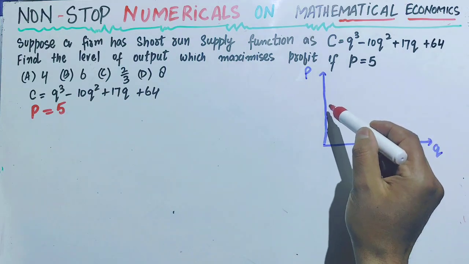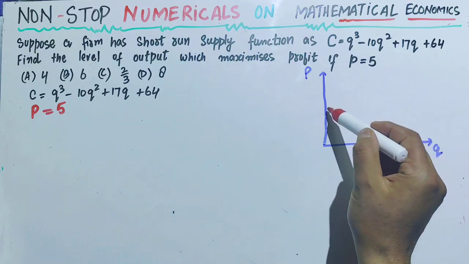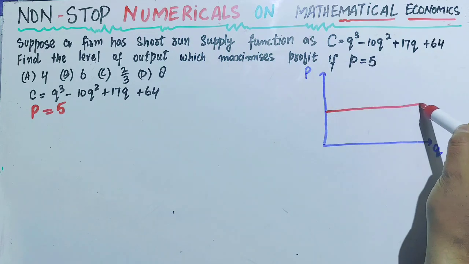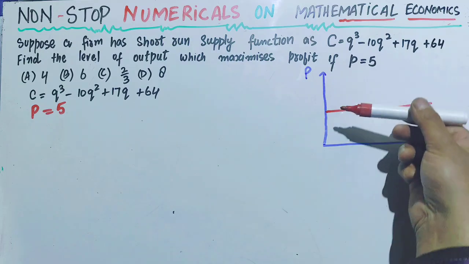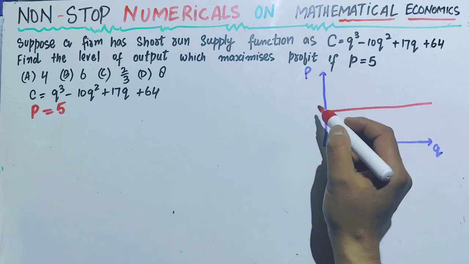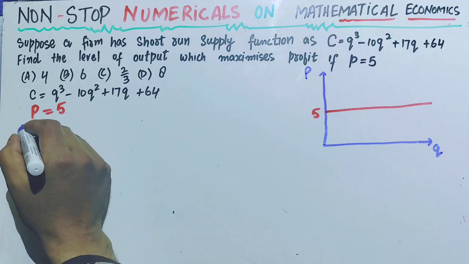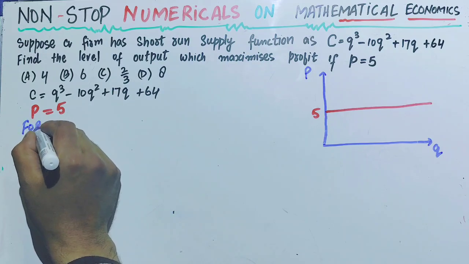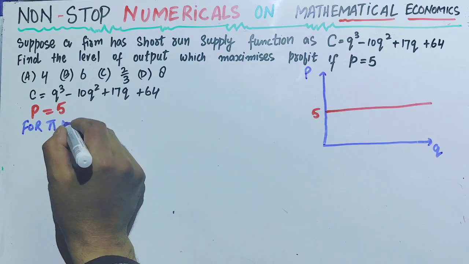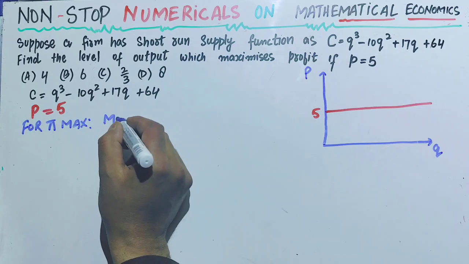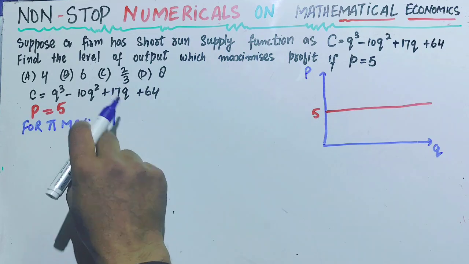So let us draw, since P is equal to 5, our line will be a straight line parallel to the output axis. So this is P is equal to 5. The condition for profit maximization, we know, is that we equate the marginal revenue.